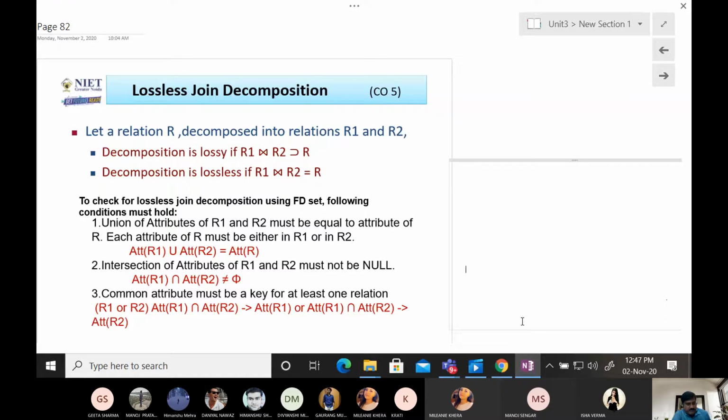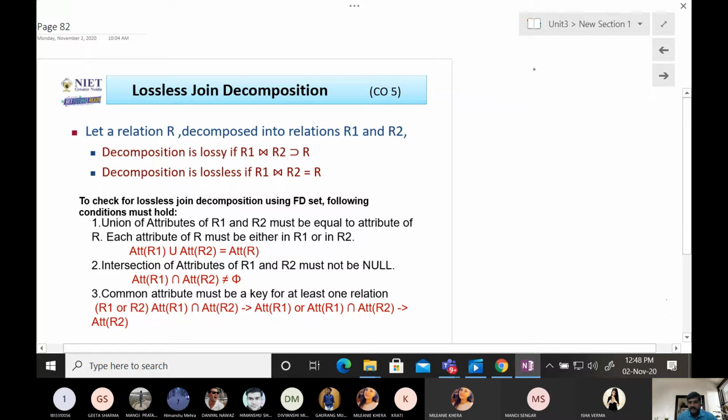In another lecture. Today's topic is lossless decomposition. So what is the meaning of lossless decomposition? Suppose we decompose R into R1 and R2.